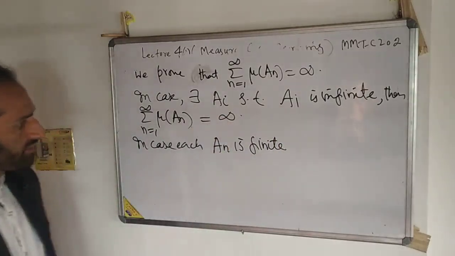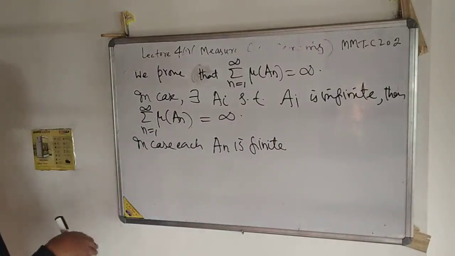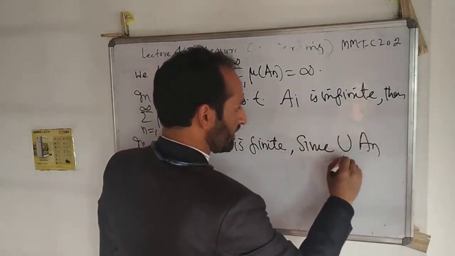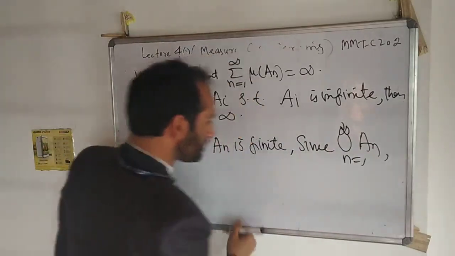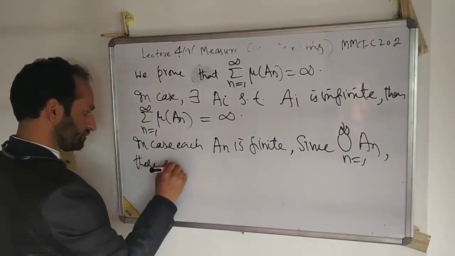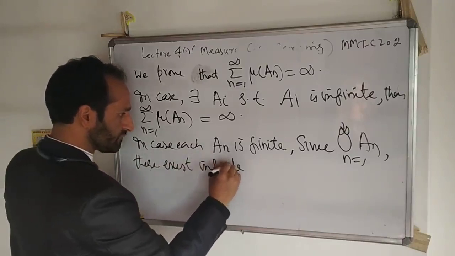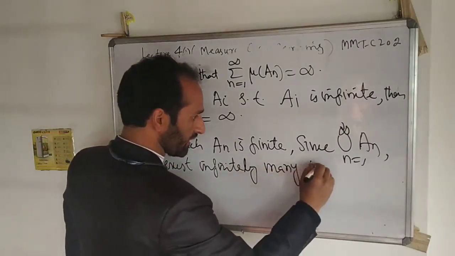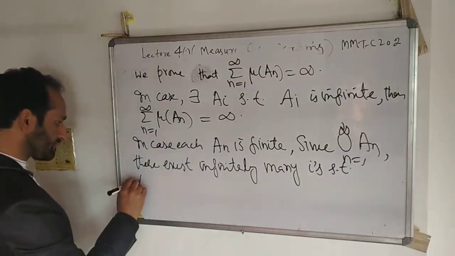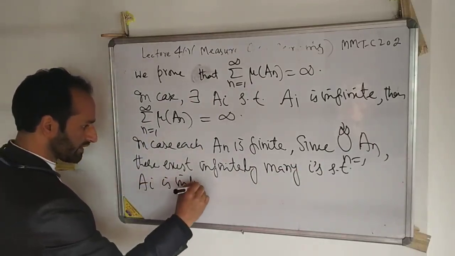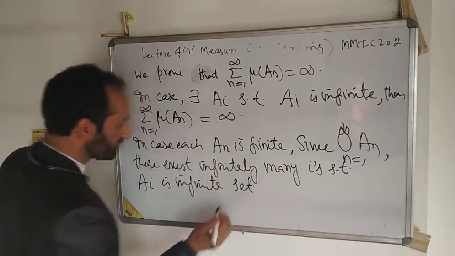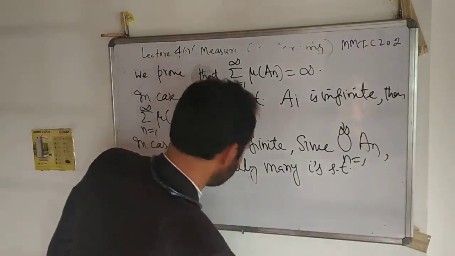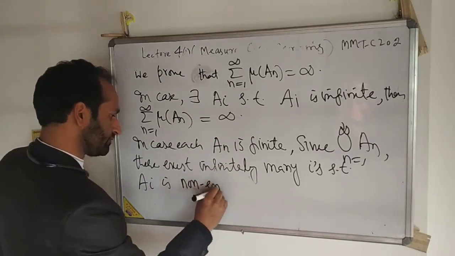since the union is infinite, there are infinitely many sets A_i which are non-empty.